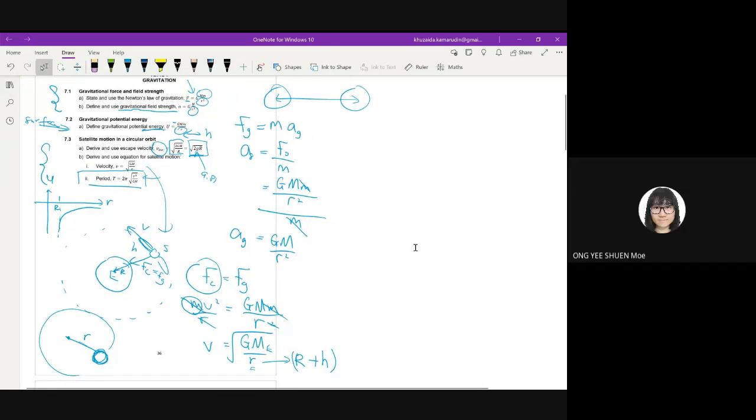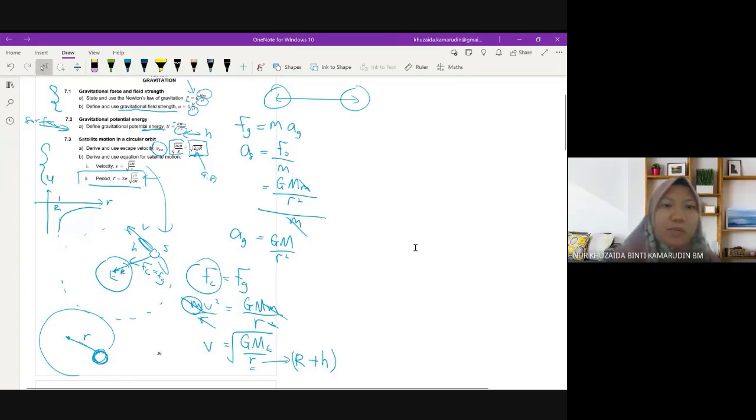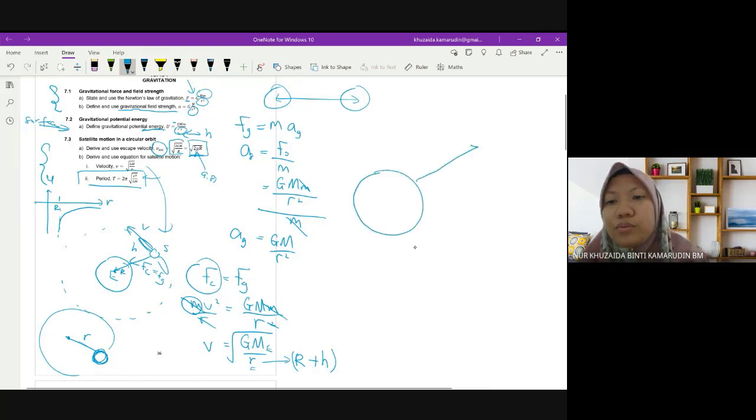Boleh repeat yang R yang take H to the potential and gravitational potential energy. Okay, gravitational potential energy. Bila kita nak masukkan nilai R dekat sini, kita akan guna altitude sahaja. Altitude ni maksudnya jarak daripada surface of the earth to the particle yang kita nak kira tu lah.